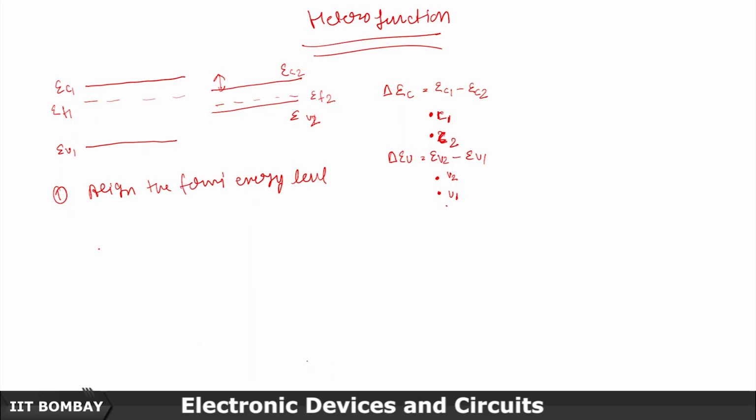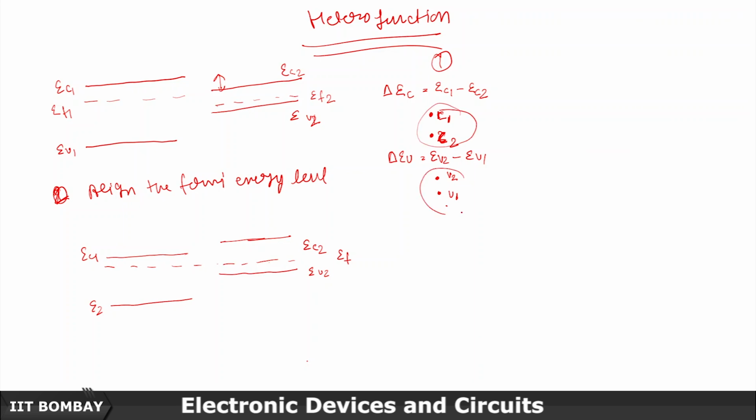Okay. So now this is, you can say, step 1, step 2, that we align the Fermi energy level. So this is something like this, this is EC2, EV2, this is now a joint sort of Fermi energy level for both the cases. Now what we can do, or maybe since this is fairly close to this one, so this should be slightly up, right? So now what we can do, we can bring these differences here.